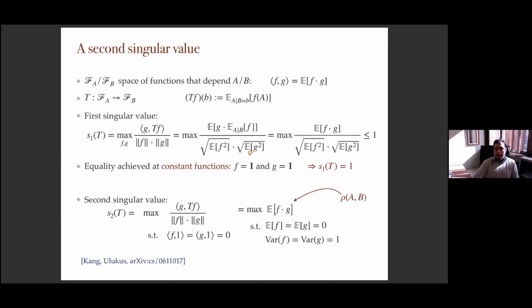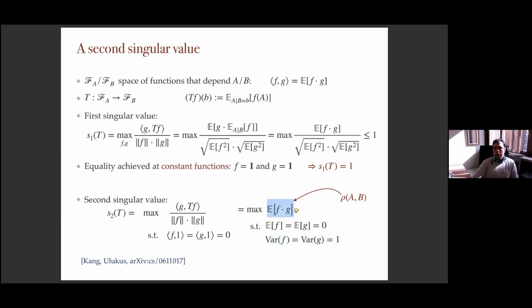When the expectation of F and G are 0, the expectation of F squared is nothing but the variance. So I have this variance condition. That's a normalization. I'm removing this norm of F and G to just write the expectation of F and G. So that's why I added this condition, the normalization of the variances.